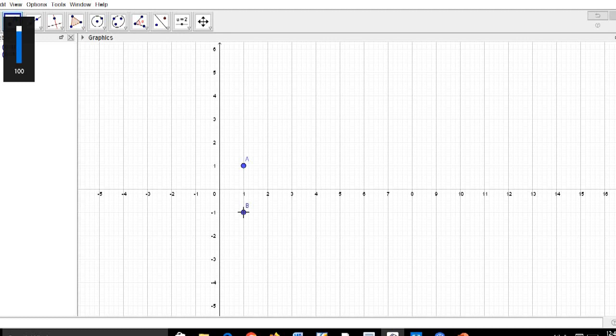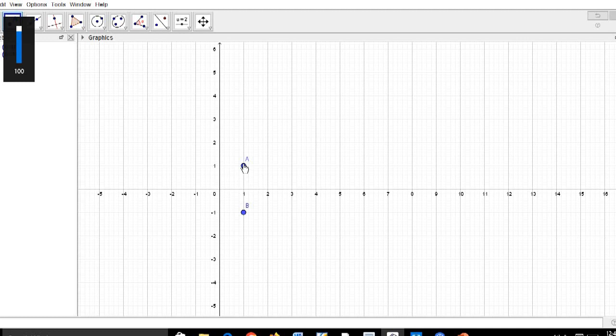But if it's a reflection about the y-axis, which coordinate will change? If it's about the y-axis, here we are using the unit vectors. We are using (0, 1), (1, 0), (0, negative 1), and (negative 1, 0) here. So if it is about the y-axis, the coordinate (x, y) will become (negative x, y).